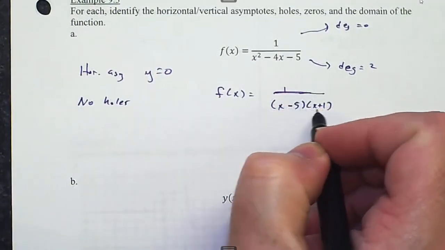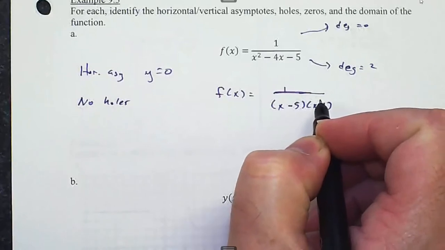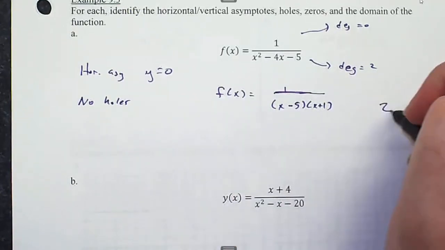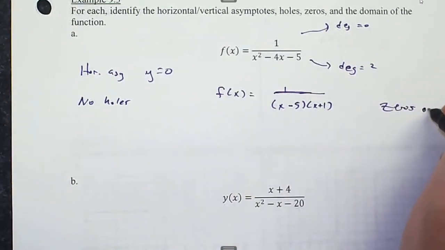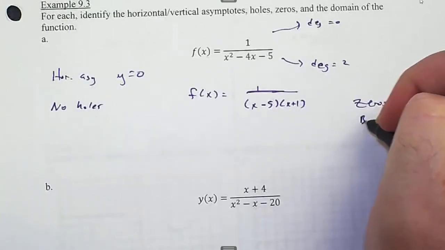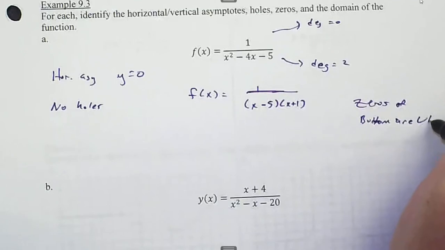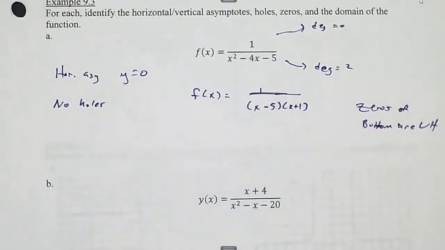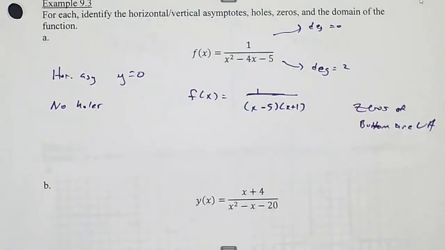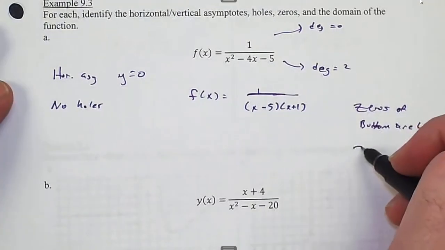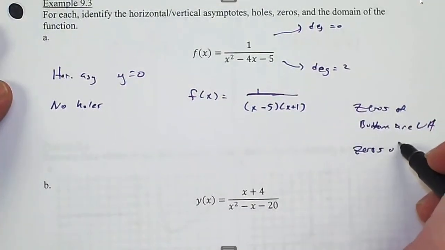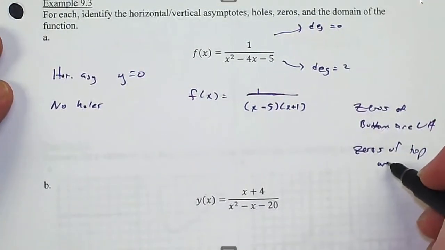Now I look at the denominator for the vertical asymptotes. So zeros of the bottom are vertical asymptotes. Again, only after you've canceled out everything, okay? And zeros of top are zeros.